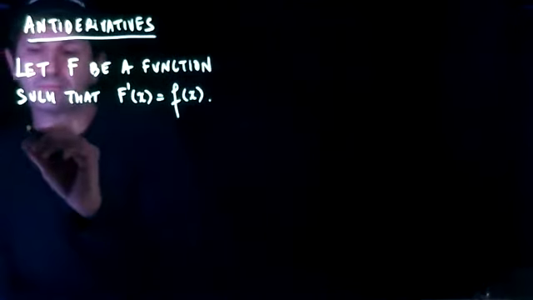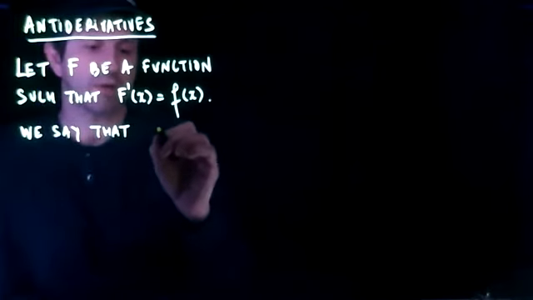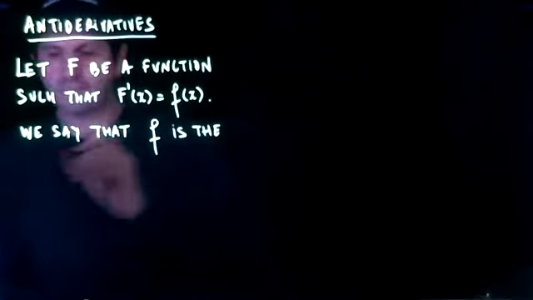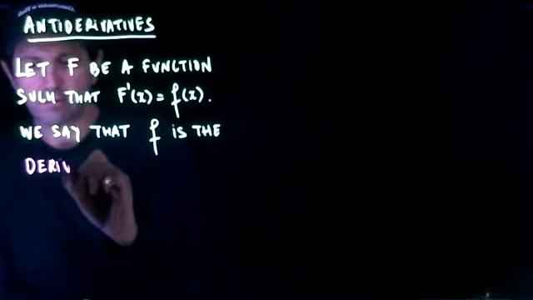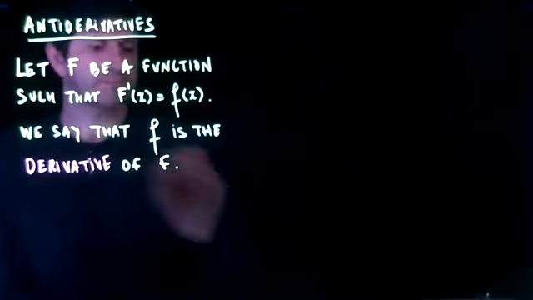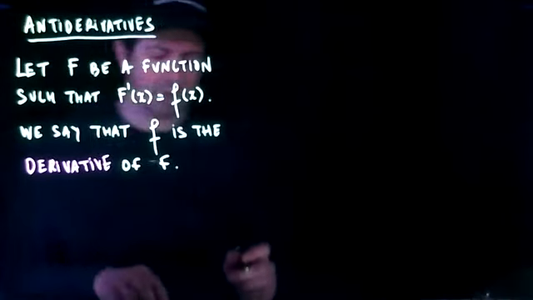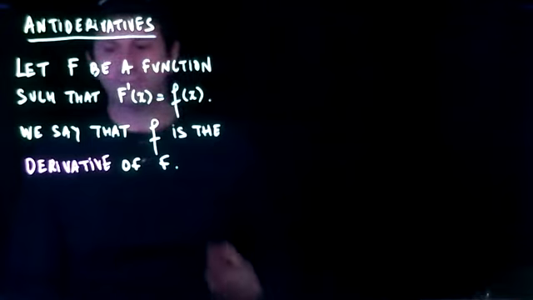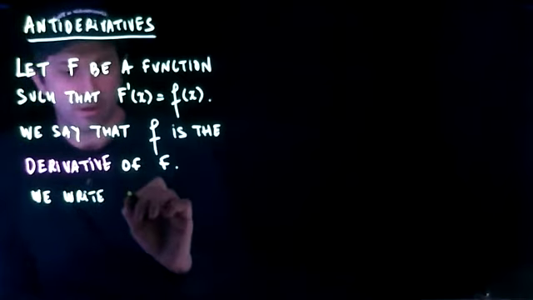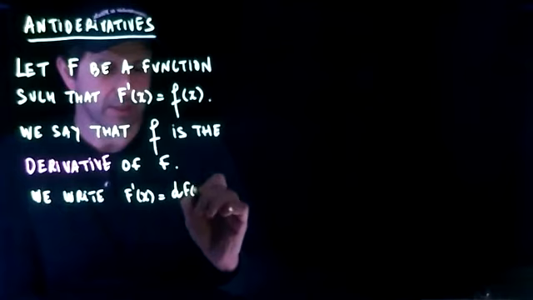Okay, so we say that, obviously like you did in Calc 1, small f is the derivative of big F. The symbol for that is a little prime, or if you want the Leibniz notation, either big F prime of x is equal to, or you could also write d big F of x over dx.